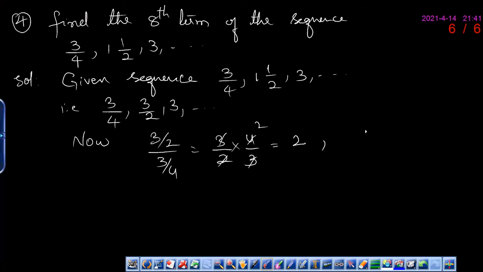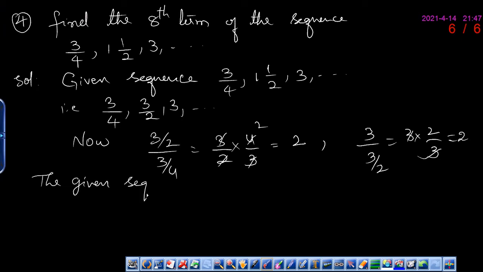And 3 divided by 3 upon 2, so 3 into 2 upon 3, we will get 2. So in both the cases, we got 2 as the ratio. So the given sequence is in GP.